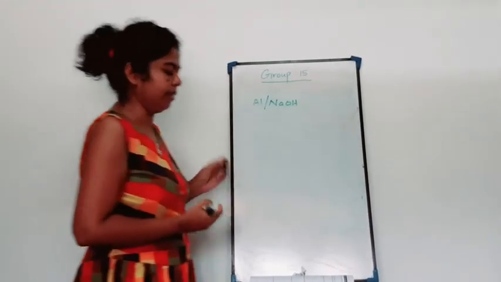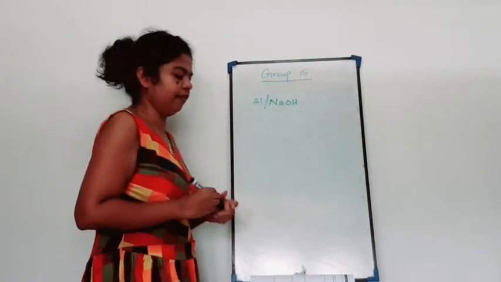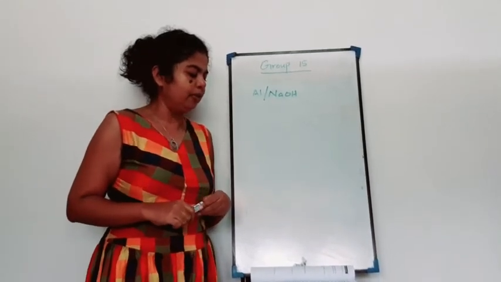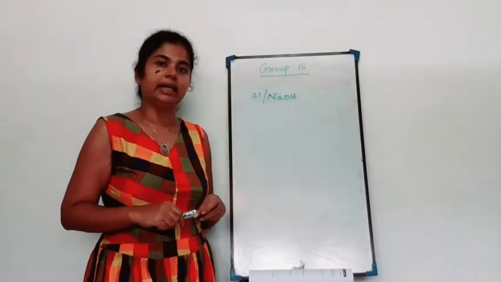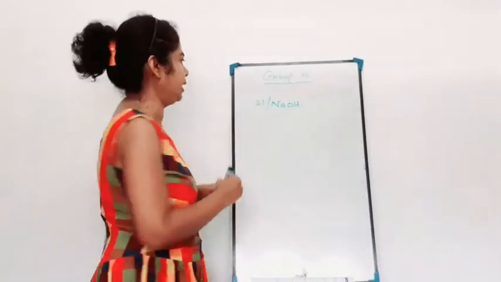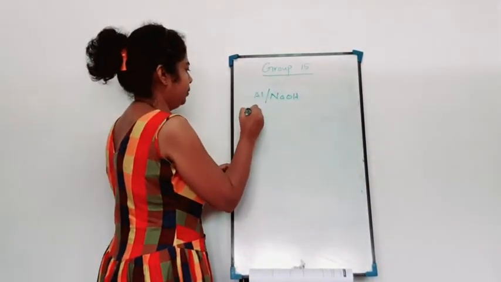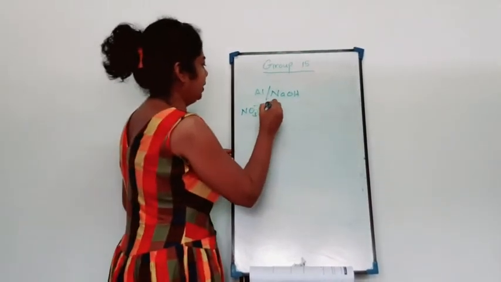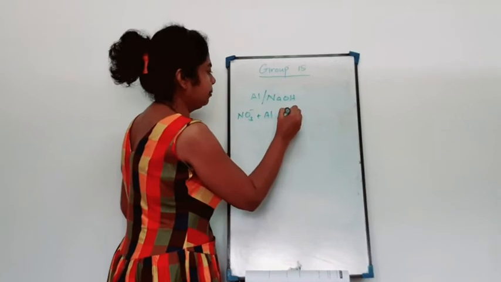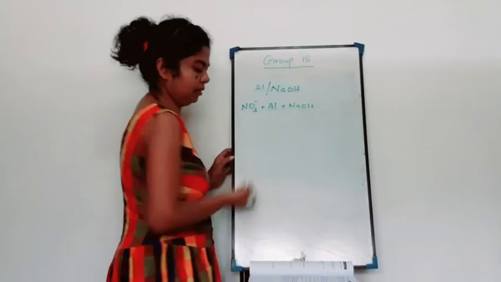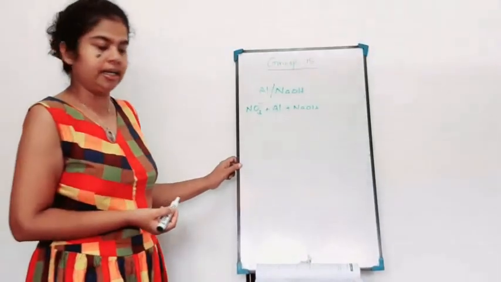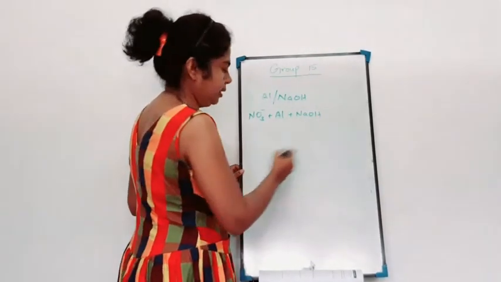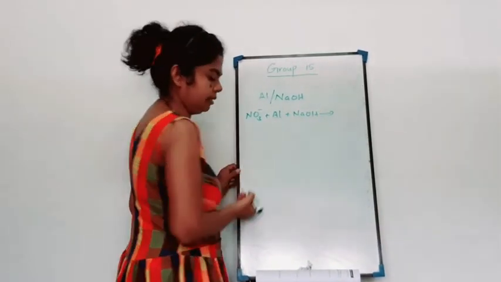If you use aluminium and sodium hydroxide with nitrate, NO3 minus, what will happen? This can also be used as an identification reaction.